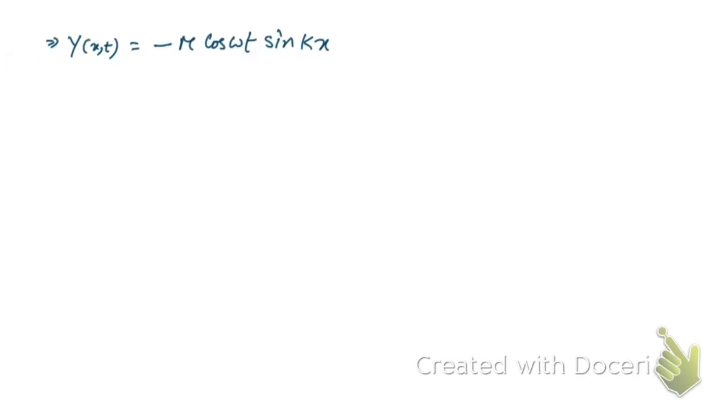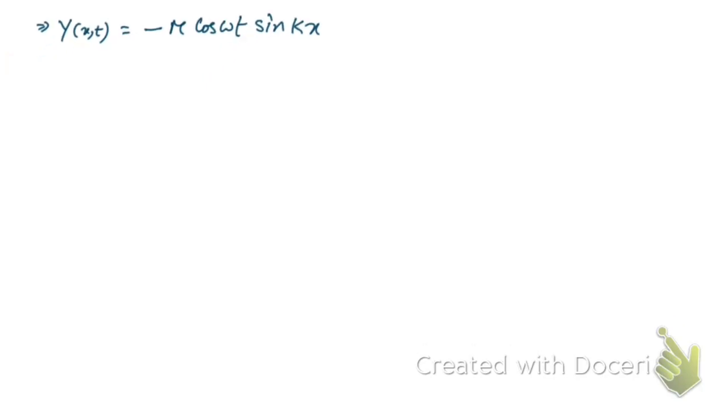So here is the last result we have got. If we rearrange this, y of x comma t equals minus r sine kx cos omega t. Sorry, I missed something.